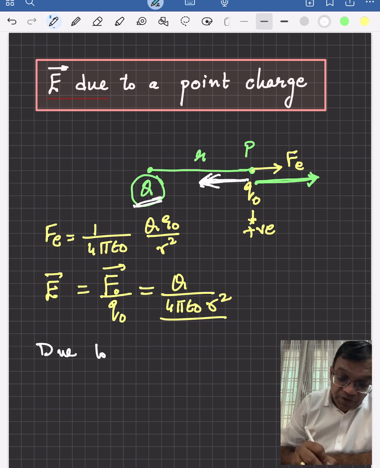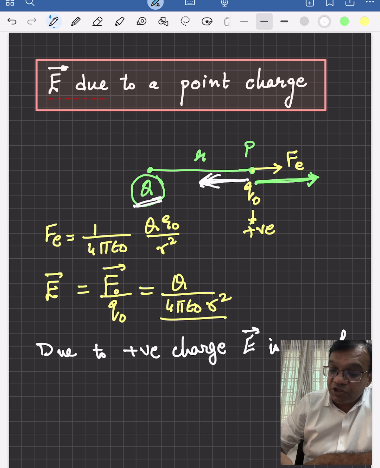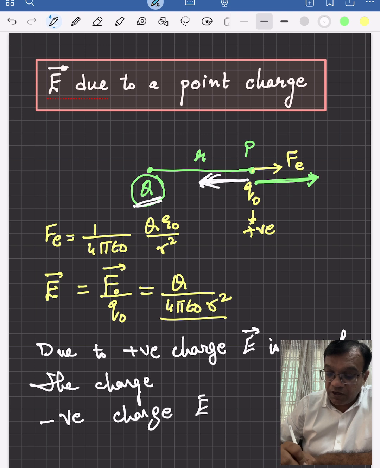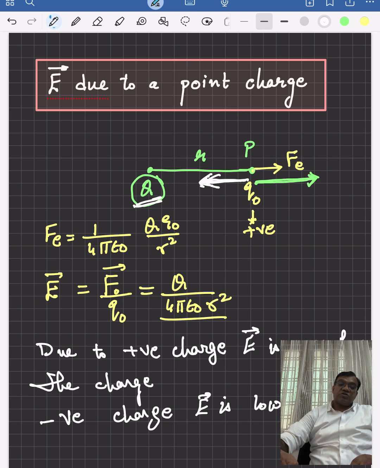So we can say due to a positive charge, the electric field is away from the charge, and due to a negative charge, the electric field is towards the charge.